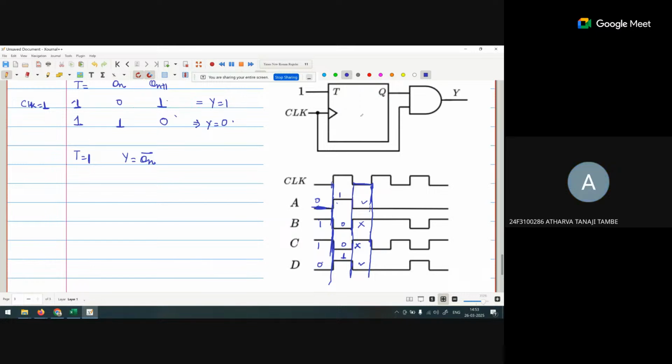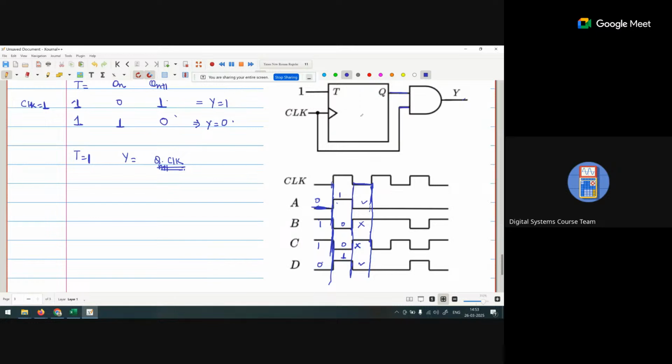Yes, sir. The expression for Y will be clock into Q bar, no? Y is Q into clock, simply. So it will be Q bar, as T is 1. If we are taking the Qn plus 1 bar, I am taking the Q only. Q and clock both ANDing, we are getting a Y. Now if I say that this is the Qn plus 1, so Qn plus 1 dot clock.